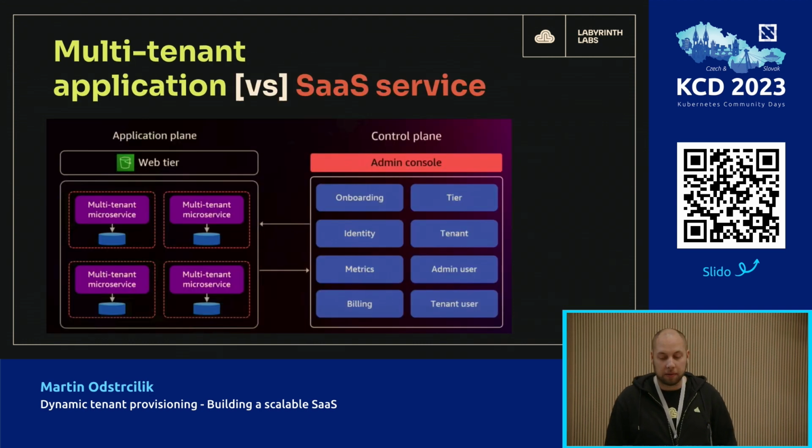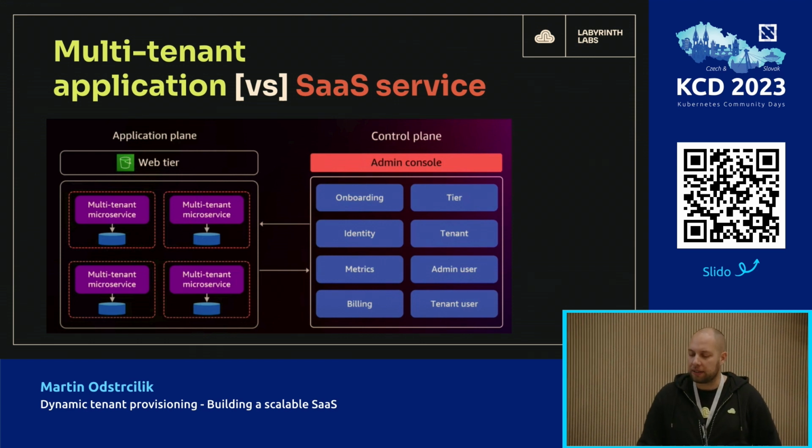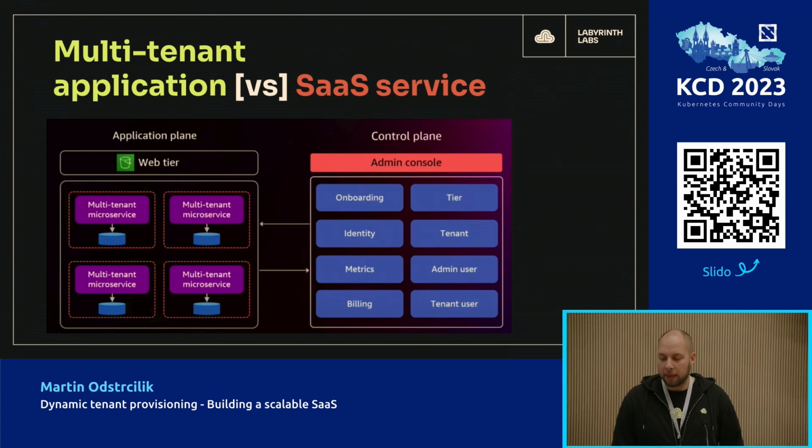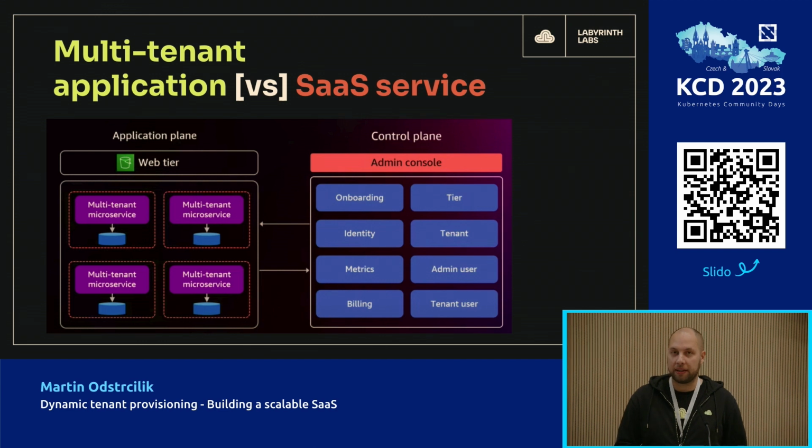And by having a multi-tenant application, regardless of an isolation model, and we can call it application plane, you might be missing a few things to have a proper SaaS service. SaaSification of your application will help you to operate it faster from business point of view.